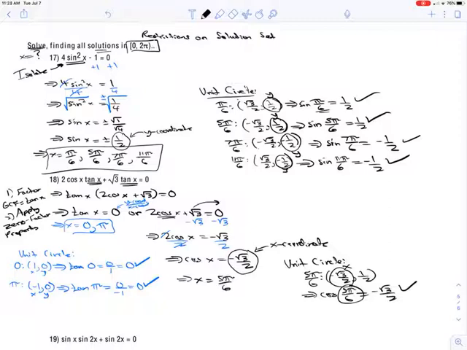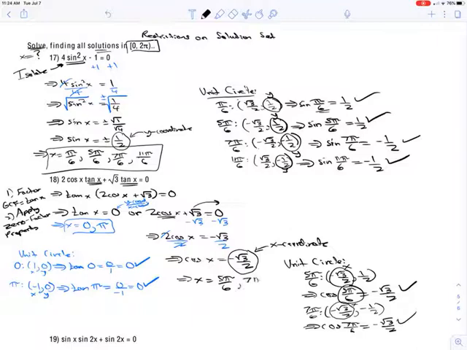Now we also have 7 pi over 6. Write it down. At 7 pi over 6, we have negative square root of 3 over 2, negative 1/2. So the cosine of 7 pi over 6 is equal to negative square root of 3 over 2. Again, there's that x-coordinate we need. So there's another solution.